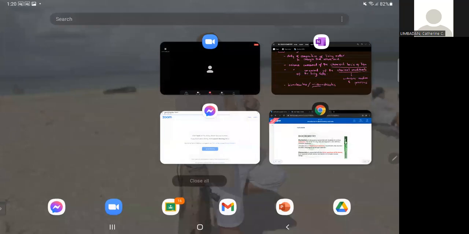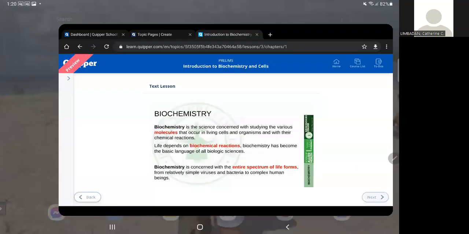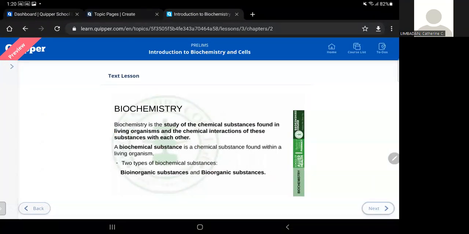Biochemistry is the study of chemical substances found in living organisms and the chemical interactions of these substances with each other.